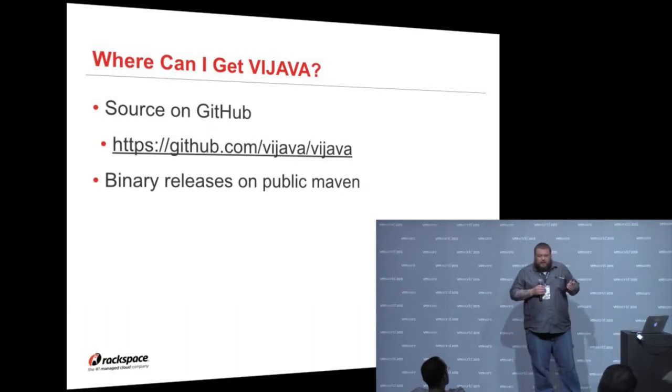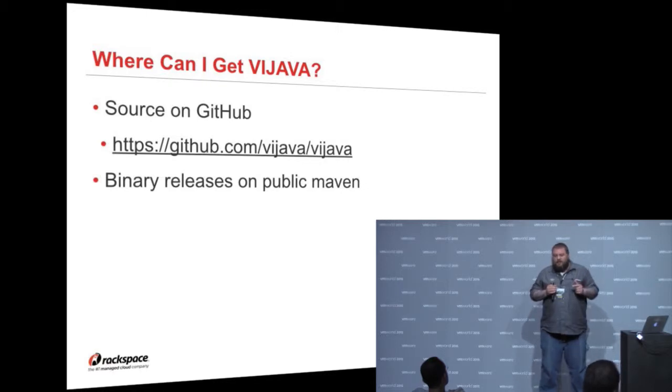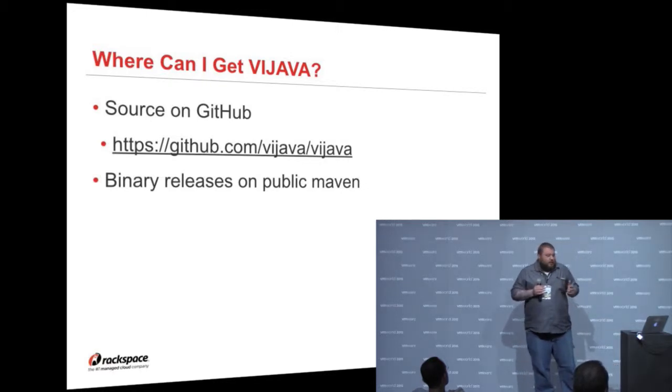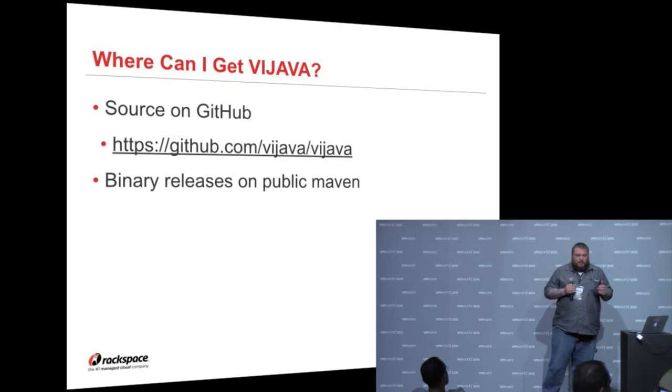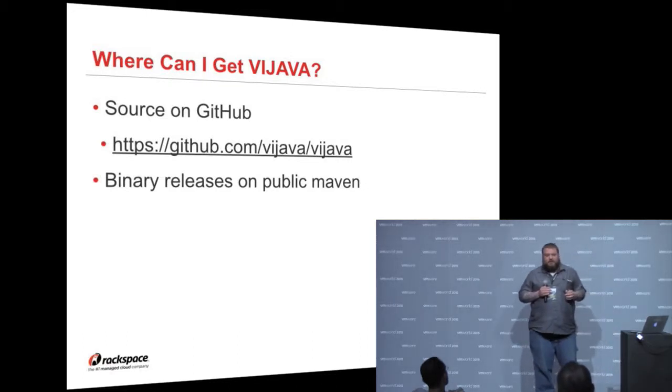YAVIJAVA is a very tight wrapper around the SOAP API, so one of the projects I created will auto-generate the code for YAVIJAVA now, and it's called the YAVIJAVA generator.